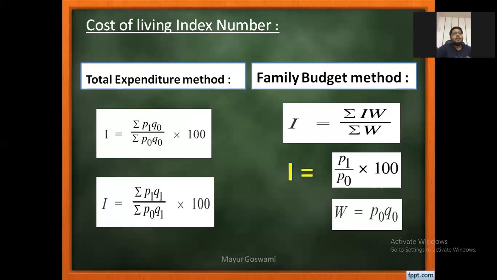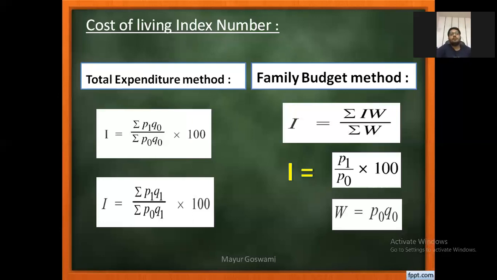And the other method, the family budget method, is nothing but your weighted method, right? So I, the index number, is equal to sigma IW upon sigma W, where I, as you know, is P1 upon P0 into 100, and W, this is the new formula, right? For finding the weight W, you can find P0 into Q0.